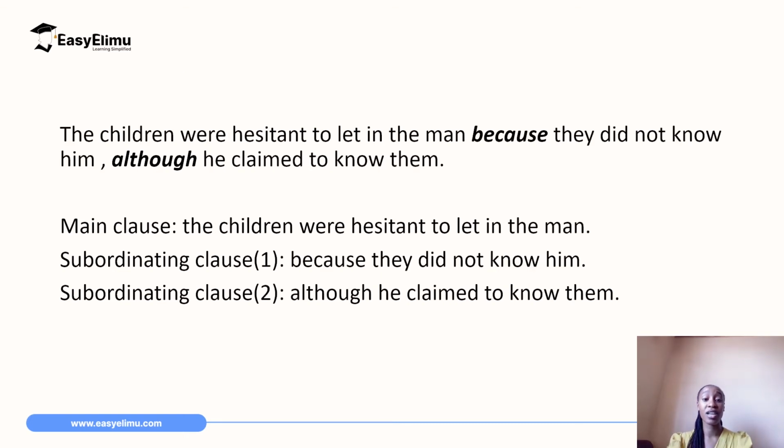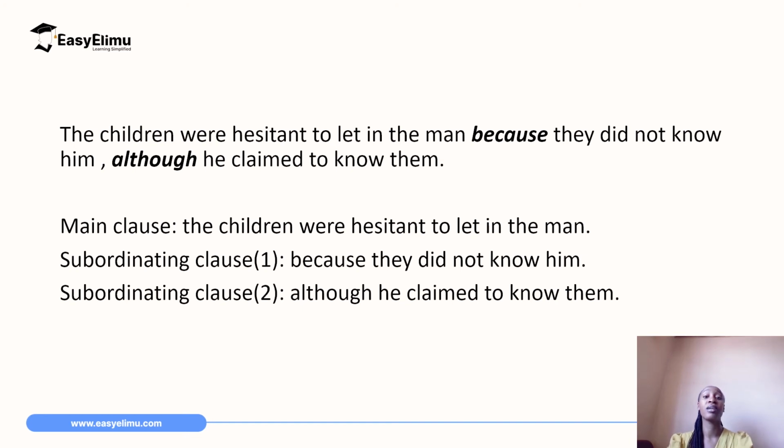The children were hesitant to let in the man because they did not know him, although he claimed to know them. The children were hesitant to let in the man. That is the main clause. Because they did not know him, that is the first subordinate clause.